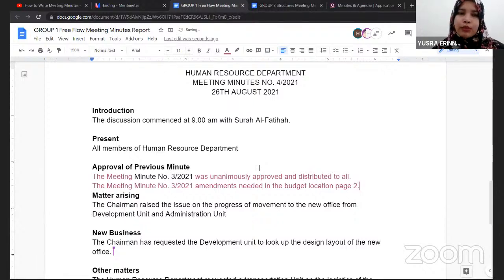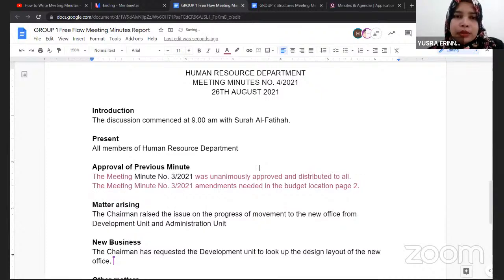So it has not yet been approved and distributed to all. That's the case if there are any mistakes or any editing that needs to be done.